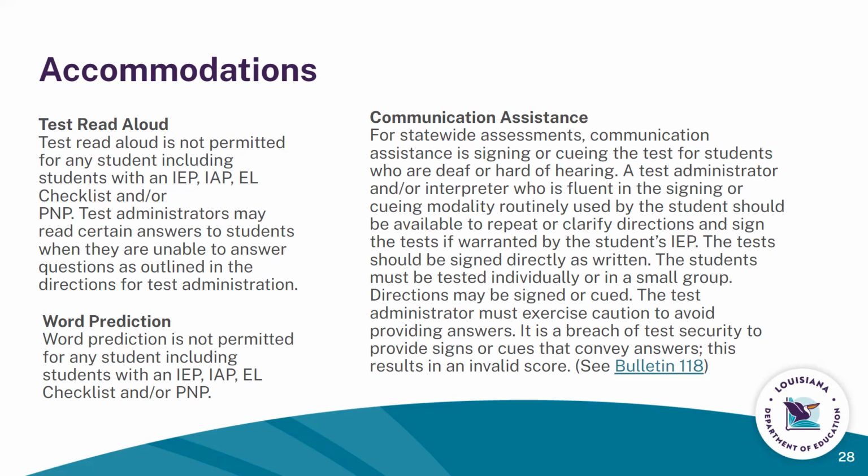Approved accommodations are accommodations that are unlikely to change substantially the meaning or interpretation of scores on the measure, or the targeted skill being assessed by that measure. So considering DIBELS is designed to assess literacy skills, the test read aloud option would substantially subvert the purpose or the construct of that assessment. So the test read aloud option is not permitted.